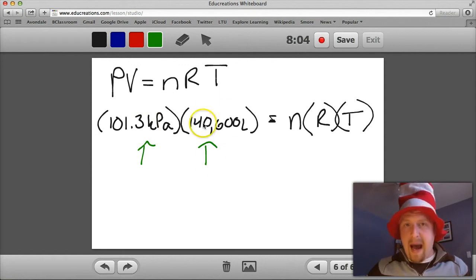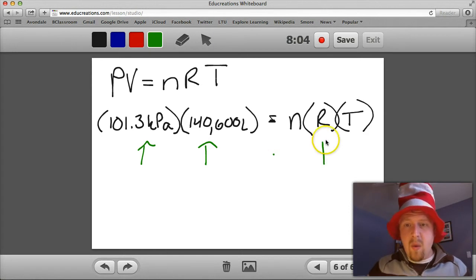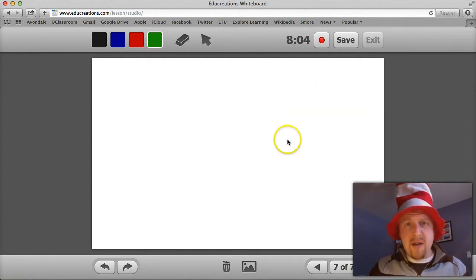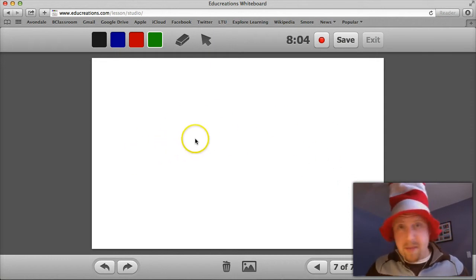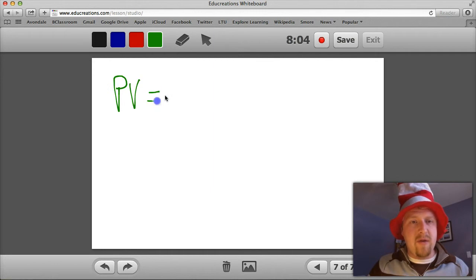So what I would highly recommend is that you actually rearrange the equation first, where you go ahead and rearrange and solve for n first. I wanted to show you how a lot of people approach this, but the way that I recommend is rearranging the equation first.